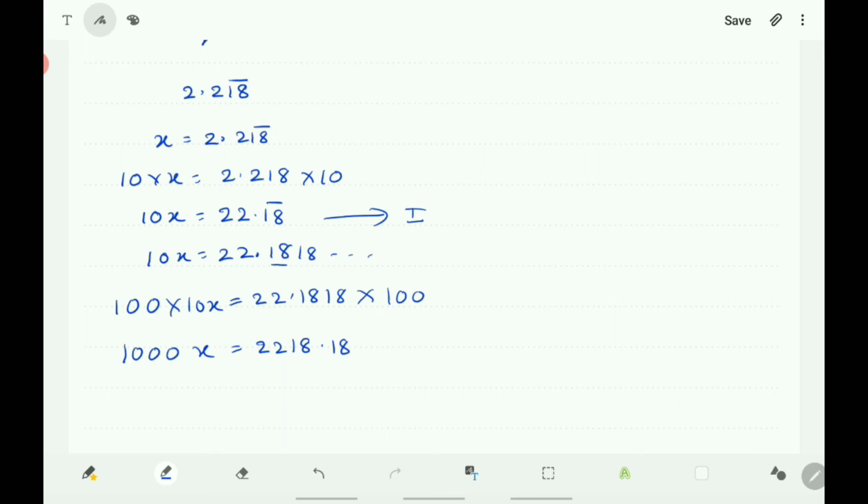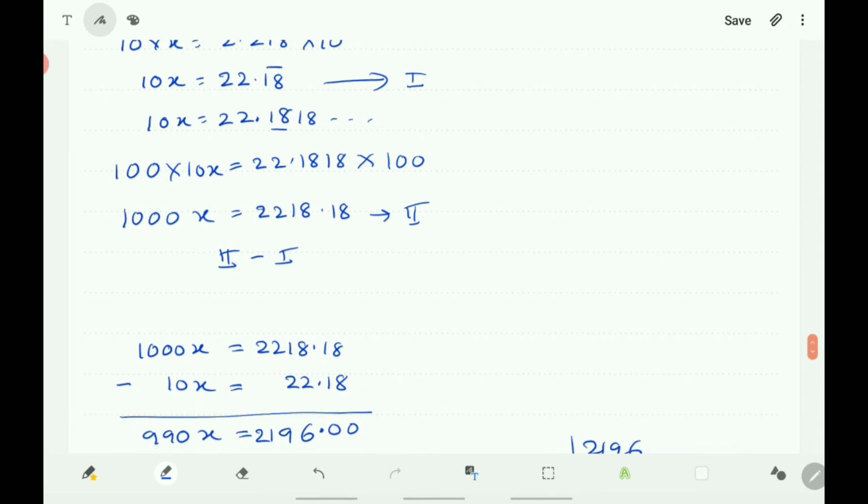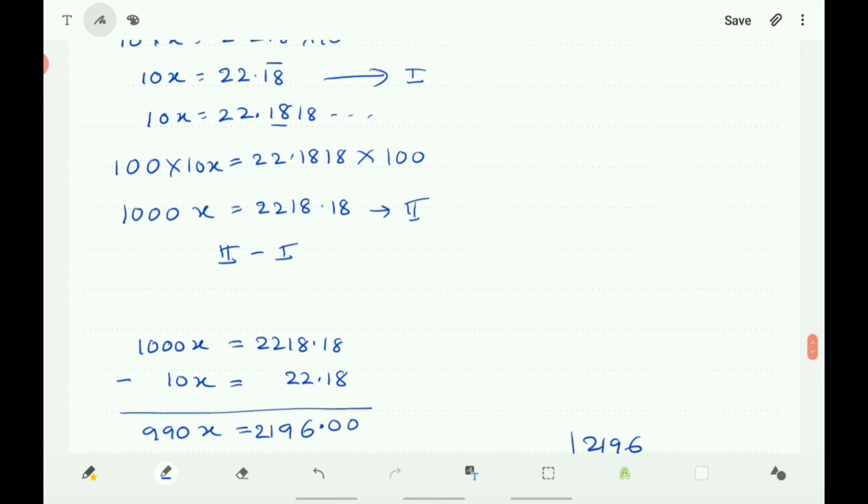Now here you consider this as second, and the earlier one as first. Now you do second minus first. Then it becomes 1000x minus 10x is equals to 2218.18 minus 22.18, that is 990x is equals to 2196.00. Therefore x is equals to 2196 by 990.